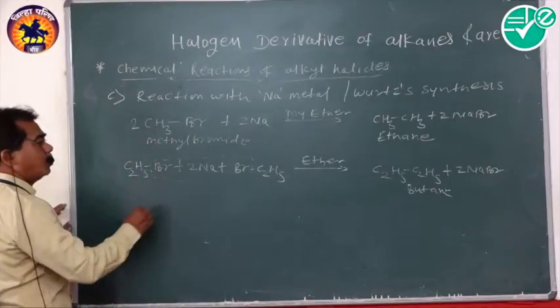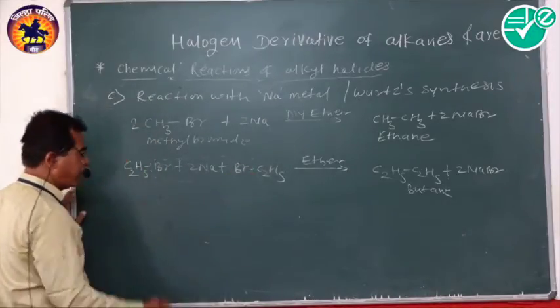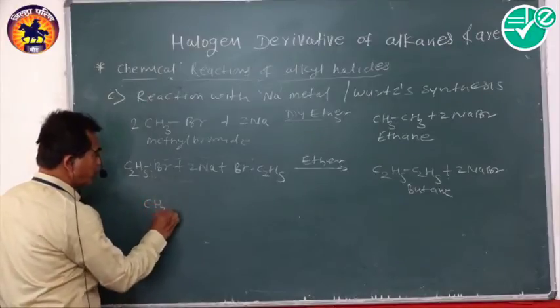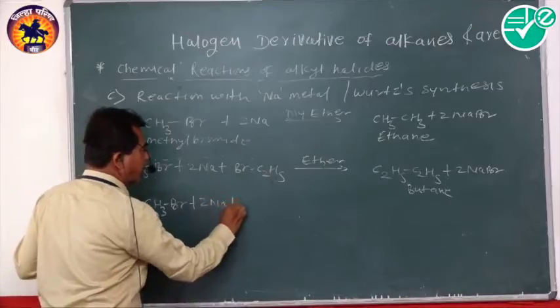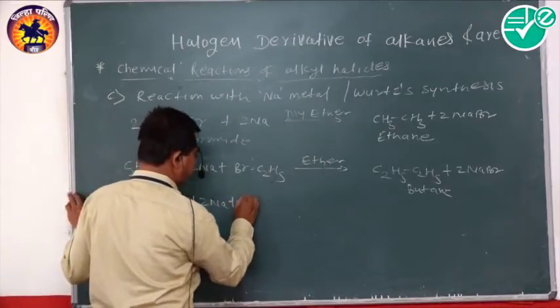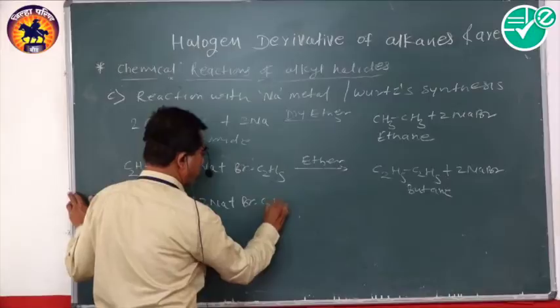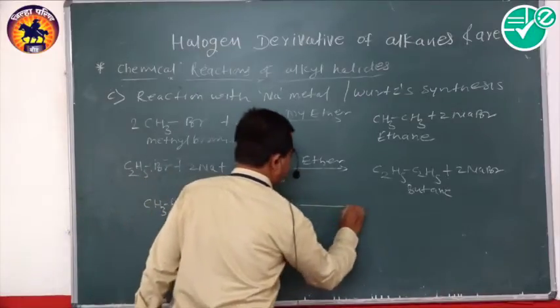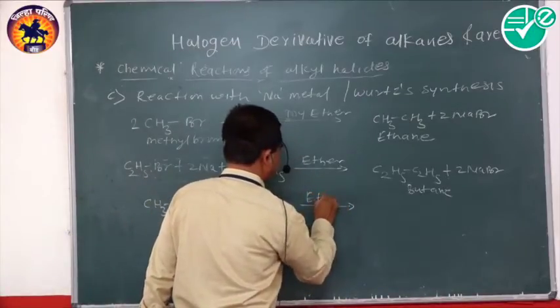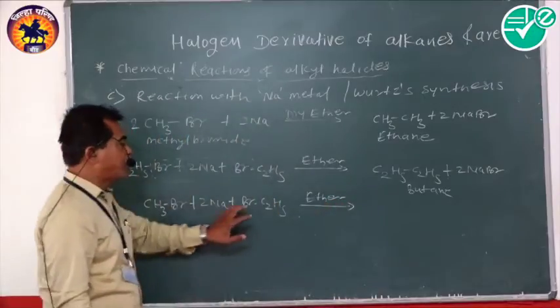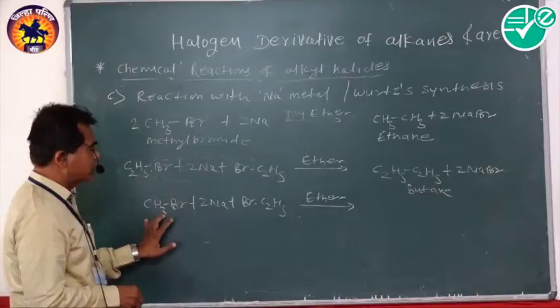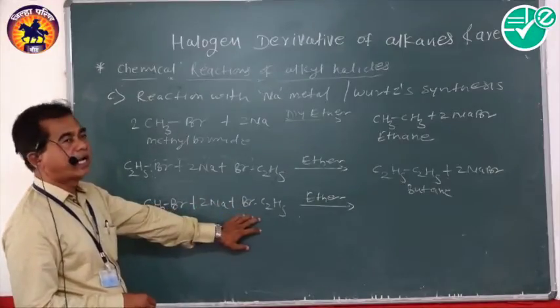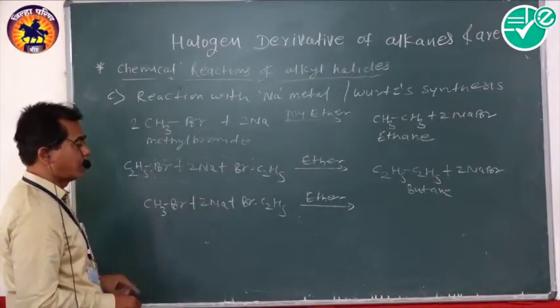For example, if we are interested in preparing propane, we take a mixture of methyl bromide and ethyl bromide with sodium metal. What happens here? These molecules react together, those molecules also react together, and methyl bromide and ethyl bromide react together as well, so three different products are possible.